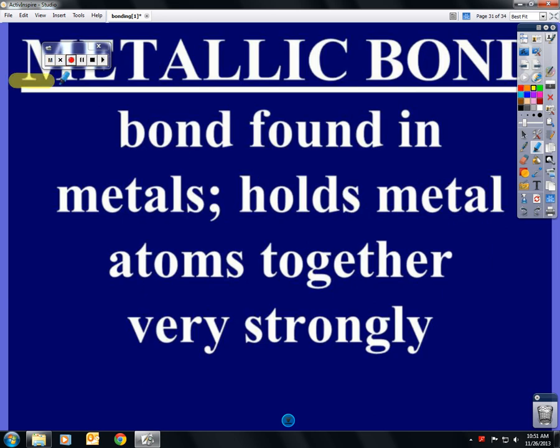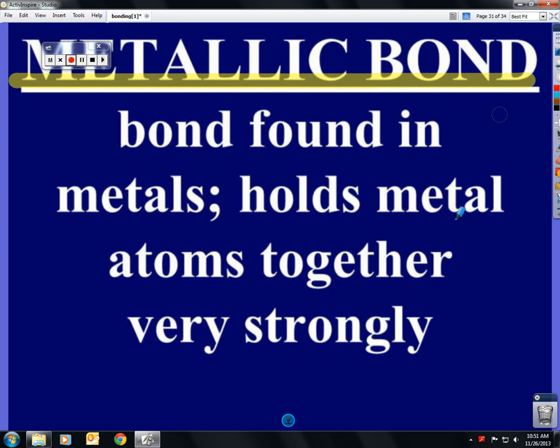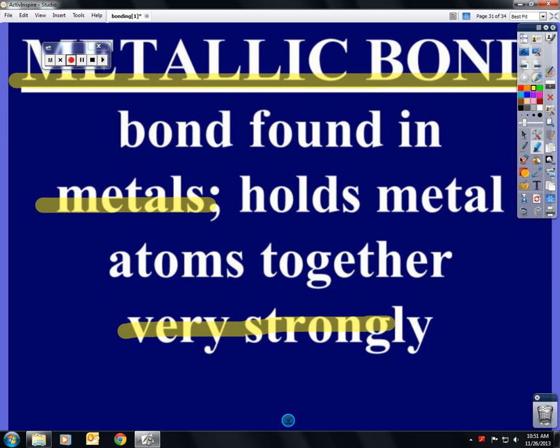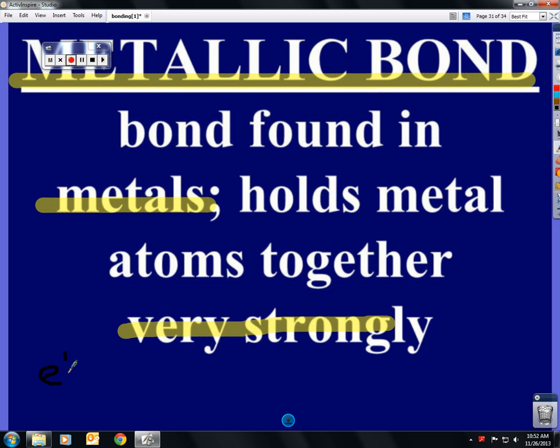Okay, metallic bonds exist when a metal bonds with a metal. Very strong. In this scenario, the electrons are mobile, which means they can move from energy level to energy level. They jump back and forth. So the electrons in metallic bonds are mobile.